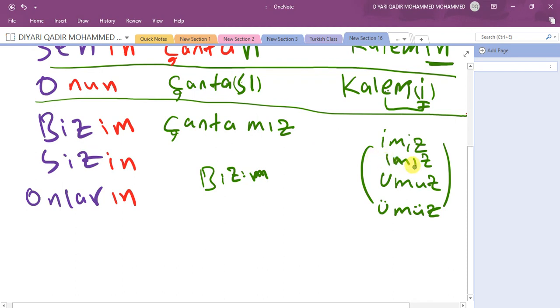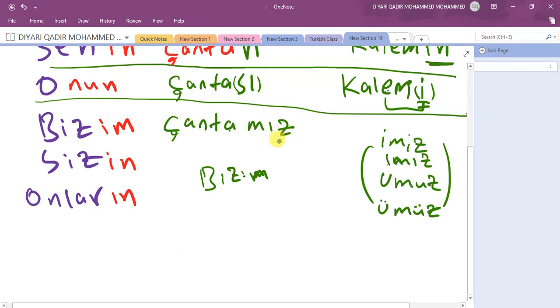Directly we are using ım, but this e and this a are clashing. So what are you going to do? Directly you can remove this e and just put ımız. Çantamız. Look, çantamız. Because it ended with a vowel. Bizim çantamız. That means our bag.